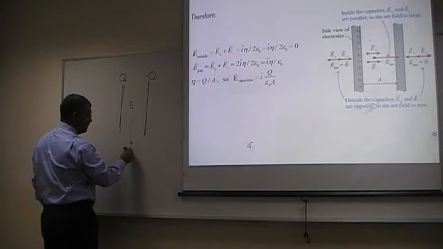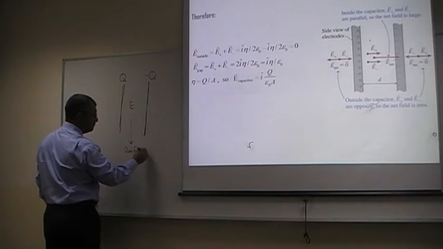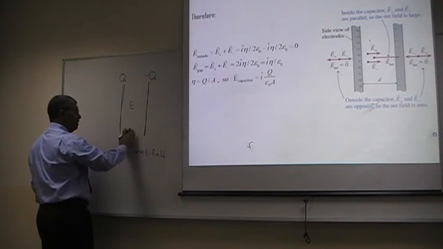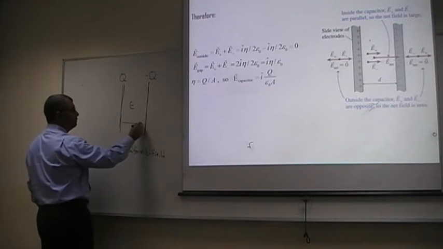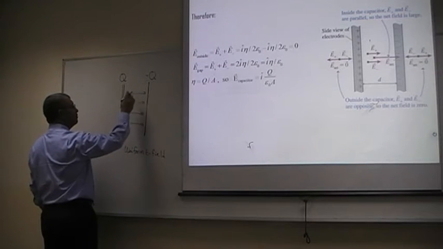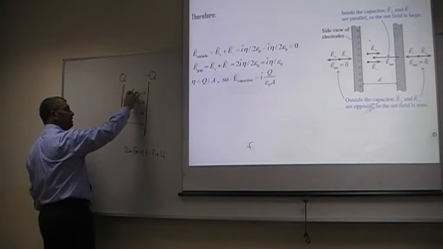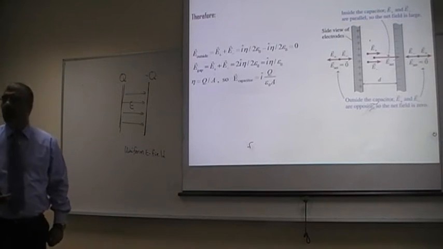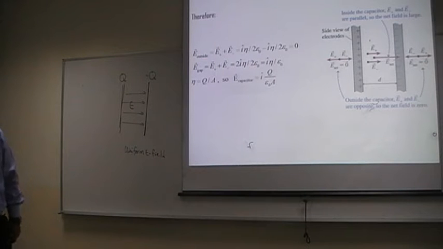So uniform electric field. Then when the electric field is uniform, as we usually indicate that by drawing the lines parallel to each other and separated by the same distance. That's how we draw or indicate that the electric field is uniform.